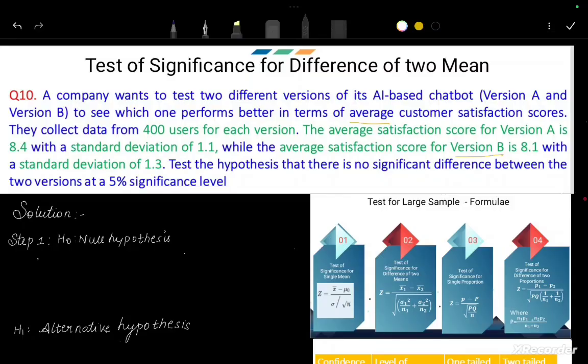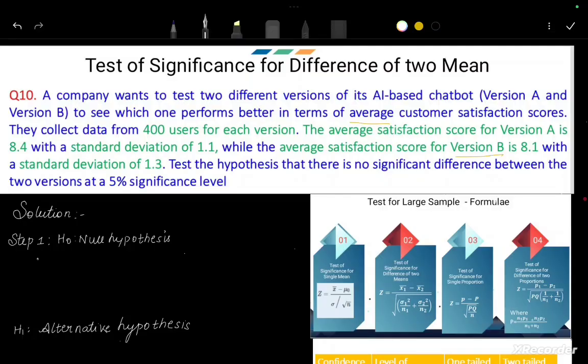Okay, so we'll go to the problem. A company wants to test two different versions of its AI based chatbot, version A and version B, to see which one performs better in terms of average customer satisfaction. So this average customer satisfaction is your mean.